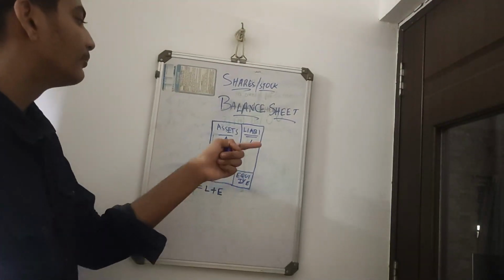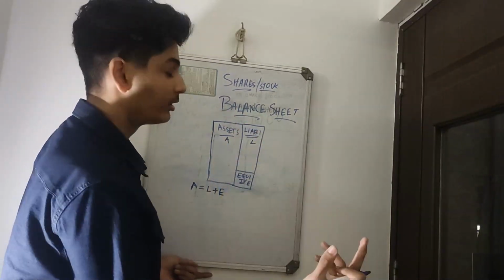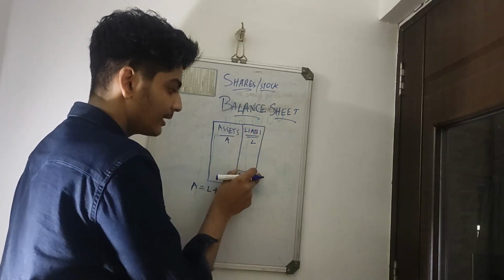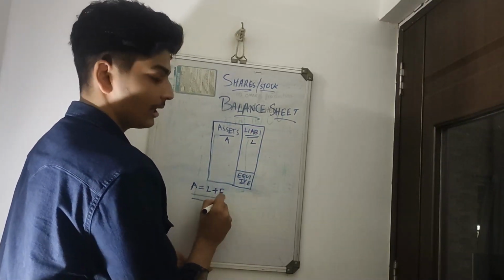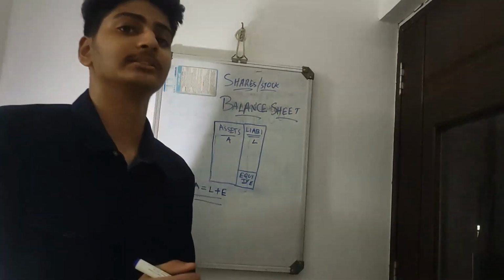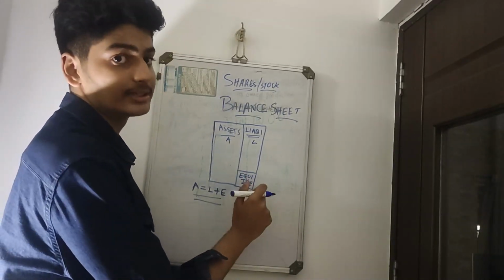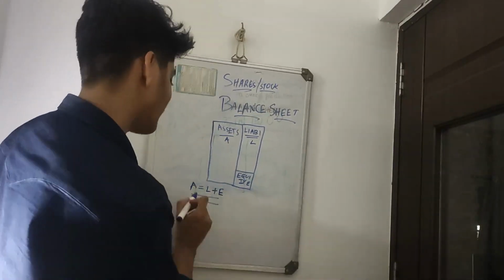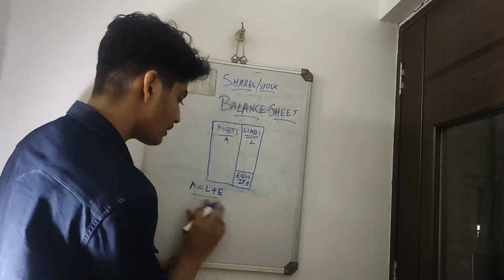By looking at this diagram, you can see the space occupied by assets is equal to the space occupied by liabilities plus equity. This is the basic accounting formula and is really important when we are moving forward to more complex situations. So this is why I said this balance sheet literally looks like this, because people represent it as assets equals liabilities plus equity.